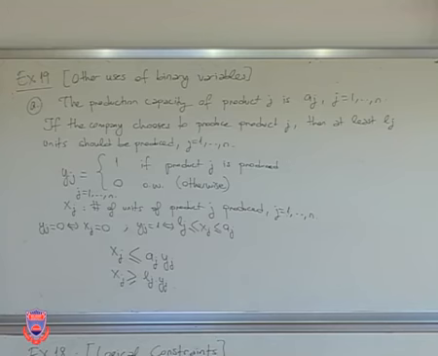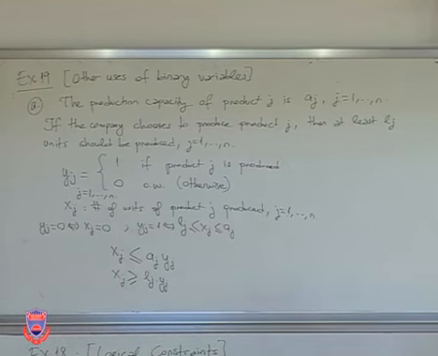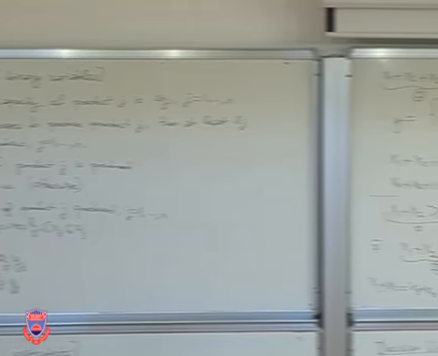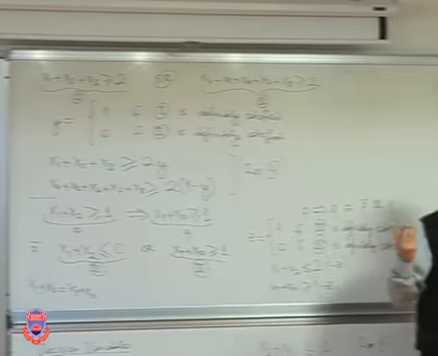Any questions about that? So this is another nice use of binary variables. By using binary variables, you can say that either produce nothing, or if you produce, then you produce at least 30, for example. So you can formulate such types of decisions using binary variables. Once again, the key observation here is the following: whenever you have a choice in terms of whether you want to do it or not, binary variables are always helpful.